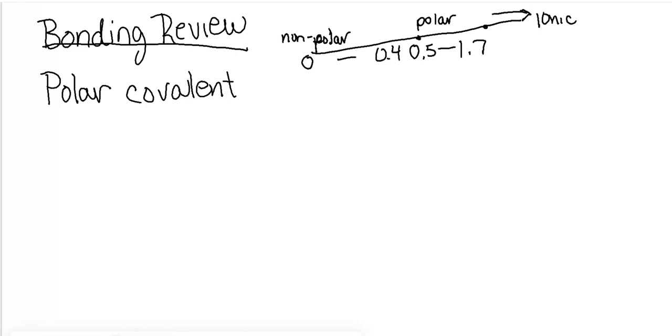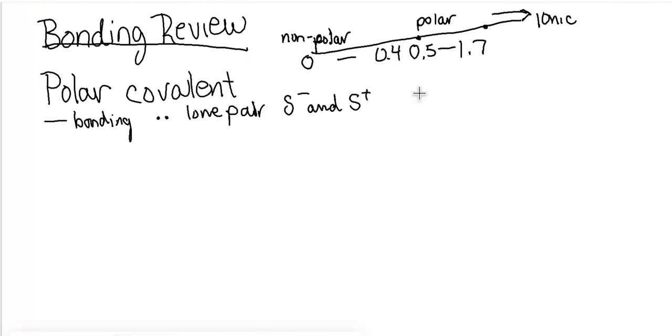So in polar covalent molecules, we're still going to use dashes for bonding pairs, dots for lone pairs, except this time we have to have partial negatives and partial positives to show polarity. So you're going to look at the electronegativity value. The higher electronegativity value will have a partial negative.